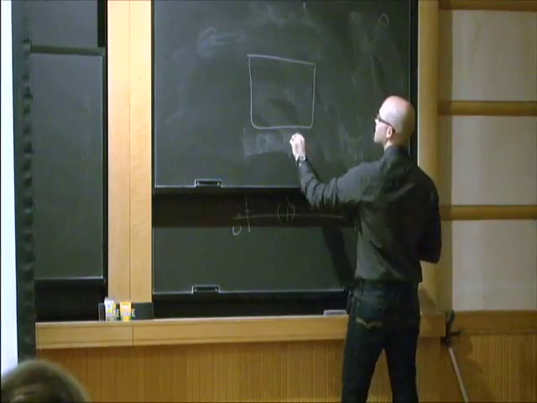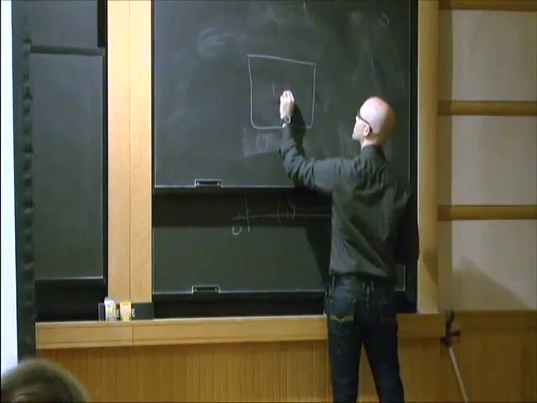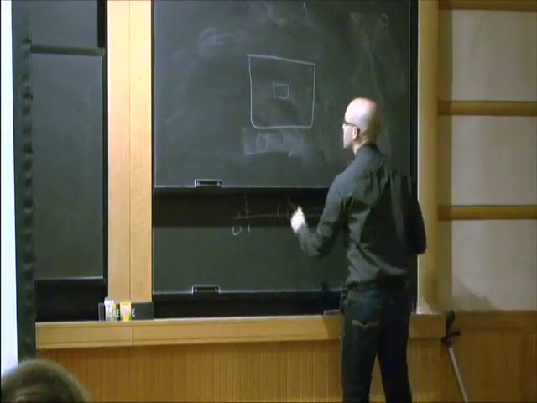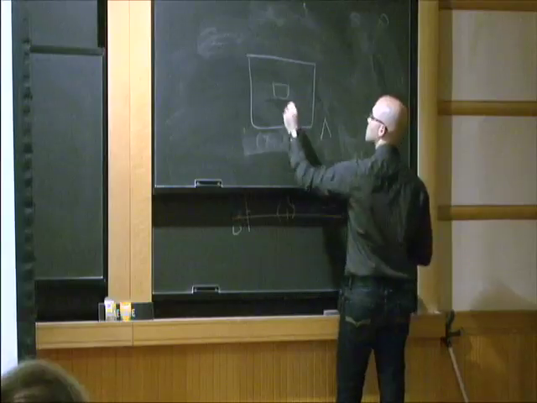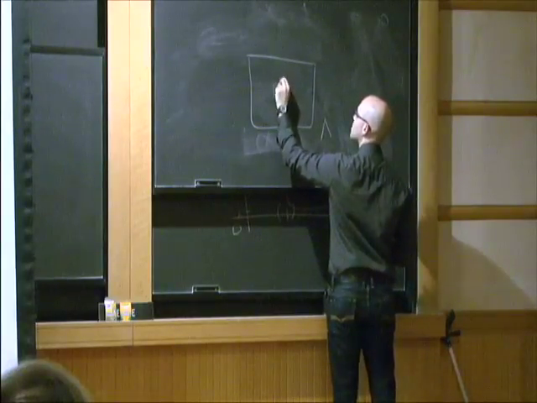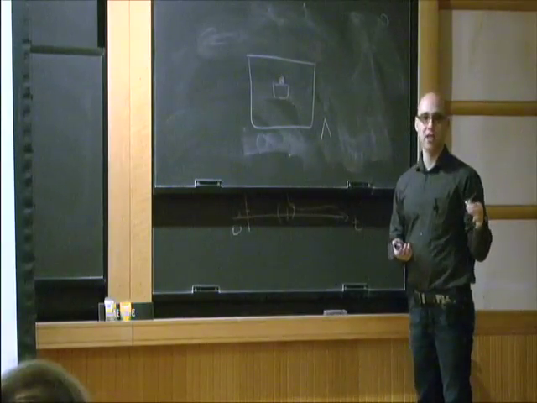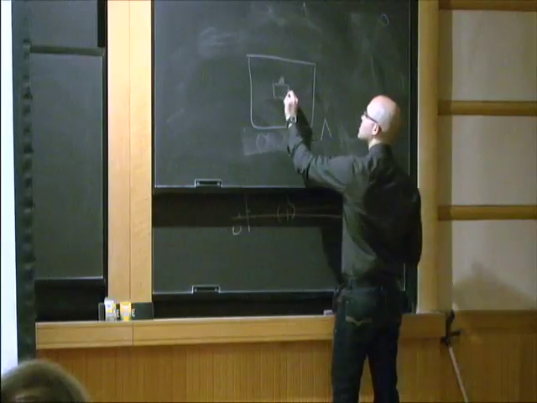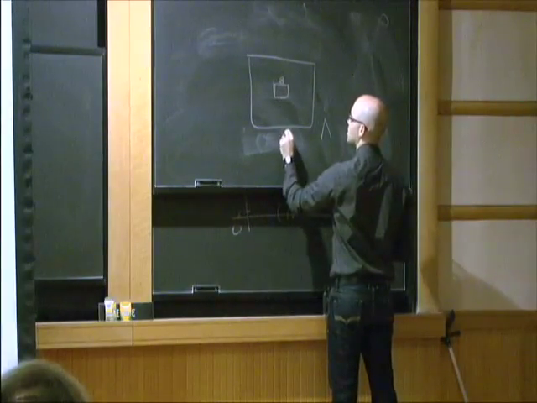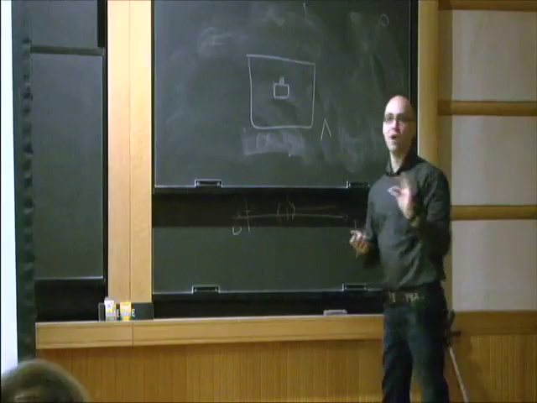You can ask, let's say you have this box here, inside a bigger box. This is a box B. You can ask how the stationary distribution on this box would change if you modify the boundary condition.